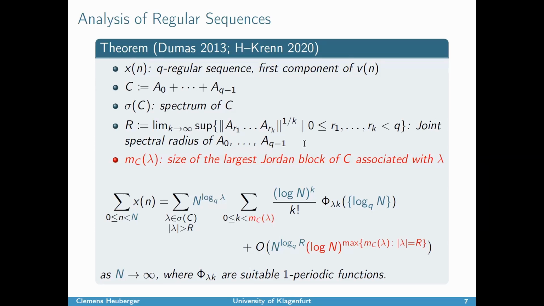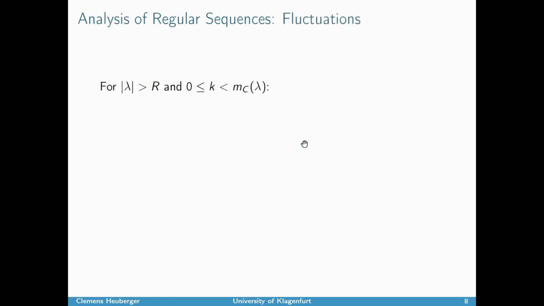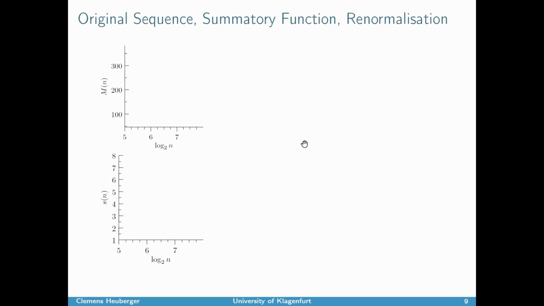I think it's a fault of the sequences we are investigating. Okay, that was the spoiler for the spoiler. Good. And the other question is: do we need to take the summatory function?